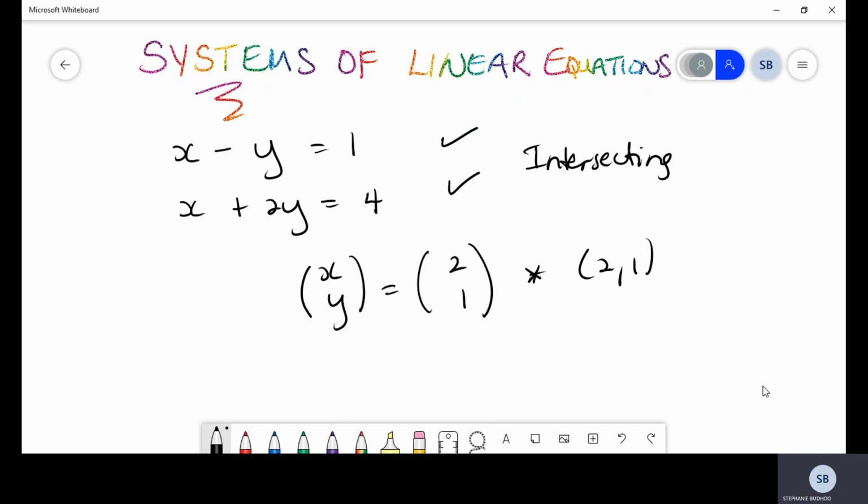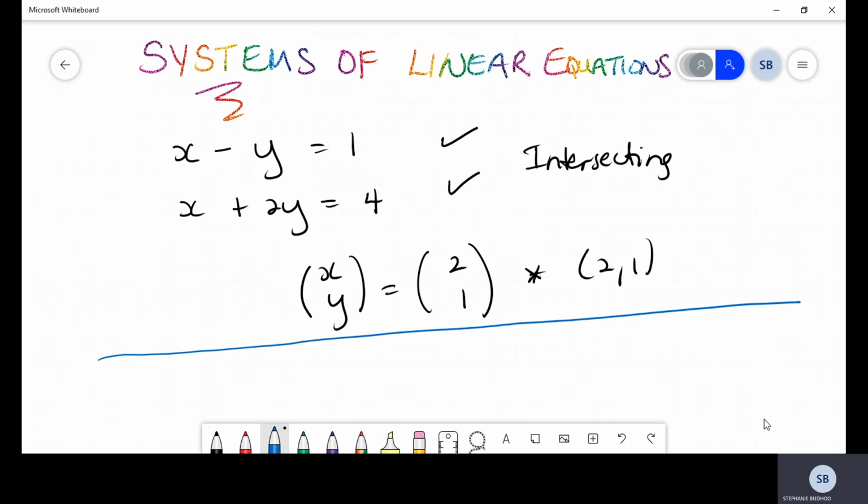If you find, using a matrix method, a nice, clean, unique solution, then these two straight lines are said to be intersecting. Let me just draw a line here. So that's one case scenario that can happen, and these lines are said to be intersecting.